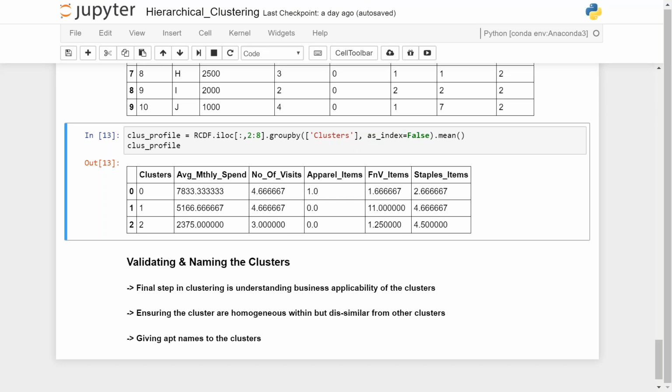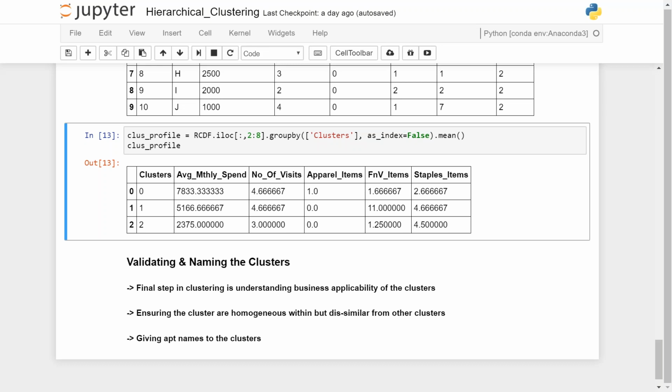Why? Because they come and buy apparels. If I communicate to them that new designer wear has come to my store, they are more likely to visit because they are willing to spend. If I have to organize an end of season sale, I may target customers in 0, but I would definitely target customers in 1 and 2. Why? Because I know these people come to my store, shopping in F&V and staples.